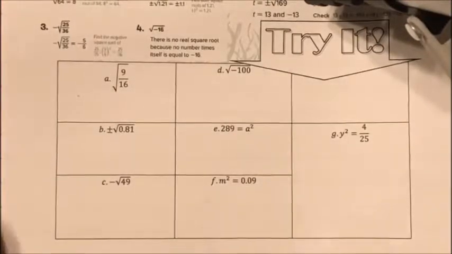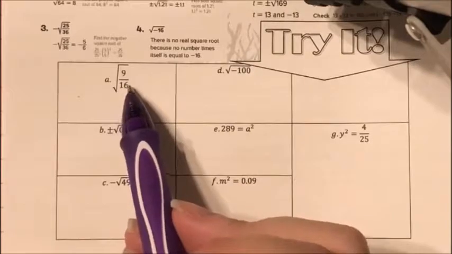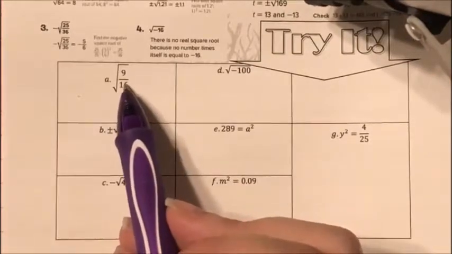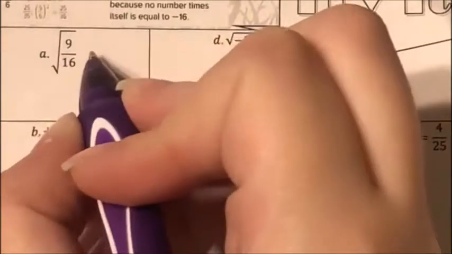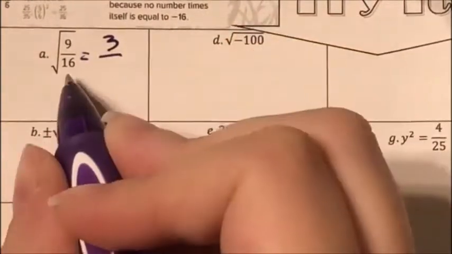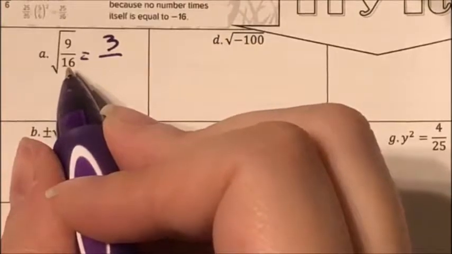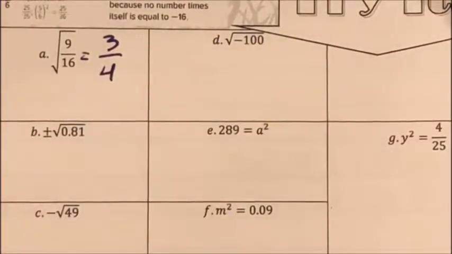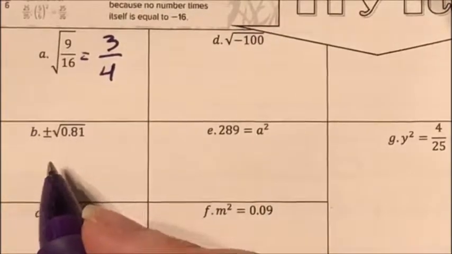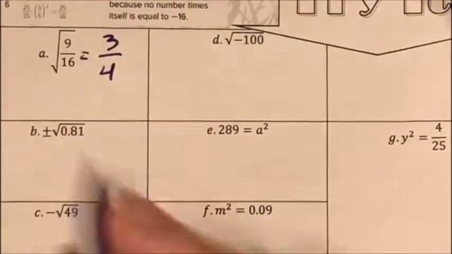So the first one is the square root of 9 over 16. Well, 9 is 3 times 3, and 16 is 4 times 4, so I get 3/4. Okay. Letter B, plus or minus the square root of 0.81.